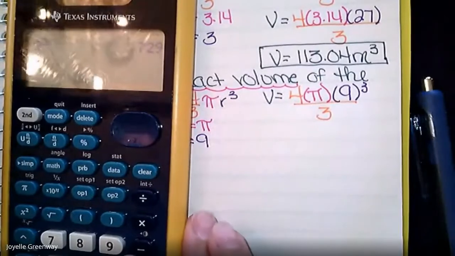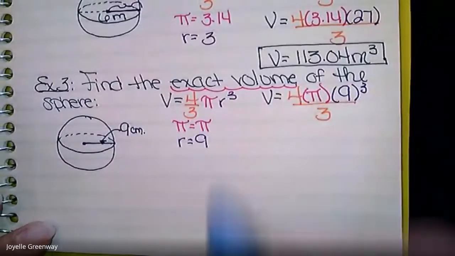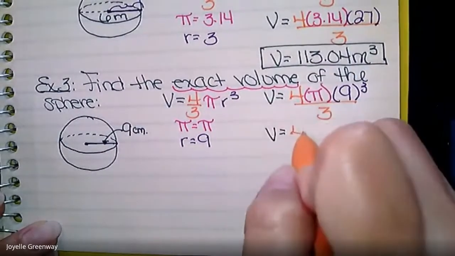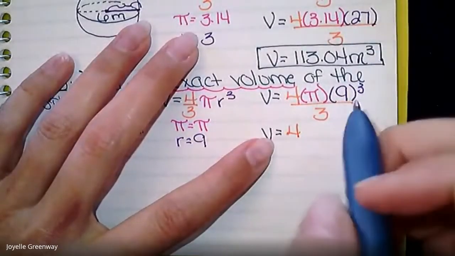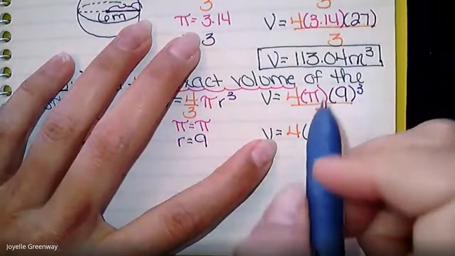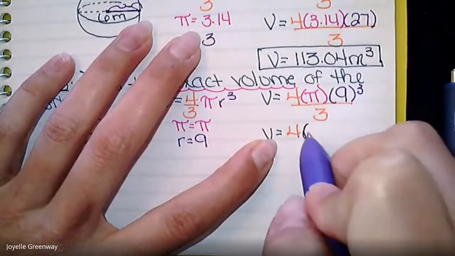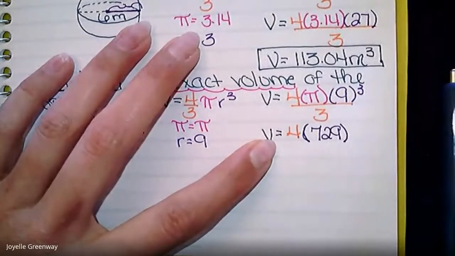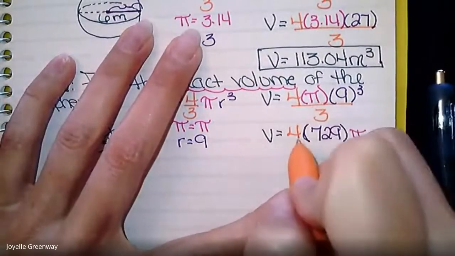So I have 729. So volume is equal to 4. I'm just going to tack the pi symbol at the end. So 4 times 729 times pi divided by 3.